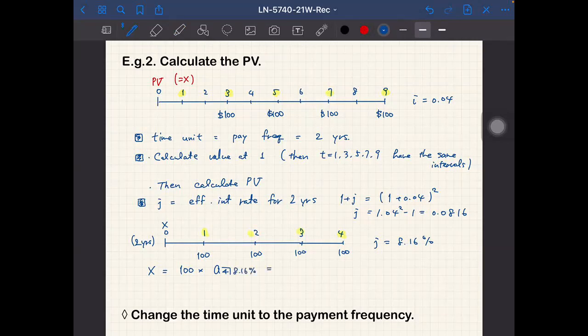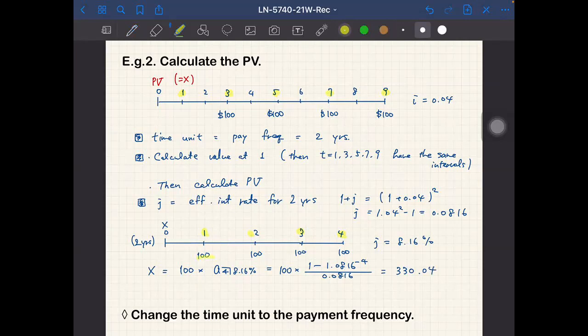You can use the calculator or the formula, and this becomes 330.04.